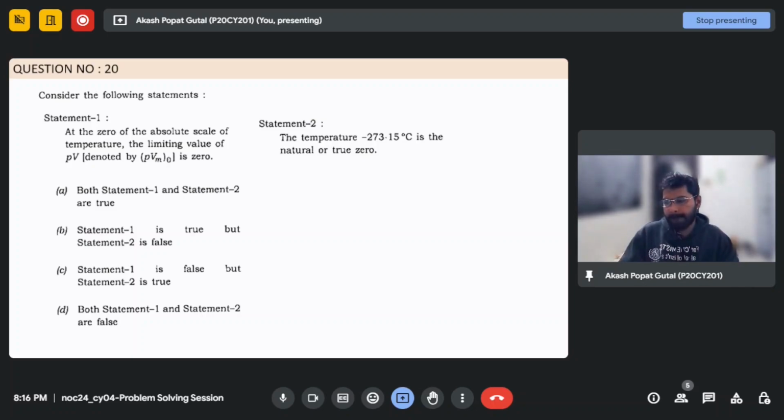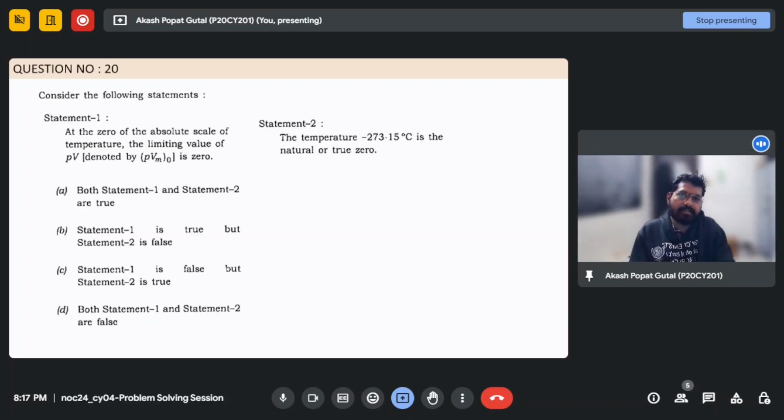The statement one is true and two is false. One is true. Why is statement two false? Sir, actually zero means zero, not true zero. What is true zero? It's absolute zero, but not true zero. Natural or true zero, we can say minus 273.15 degrees Celsius is actually a natural zero.